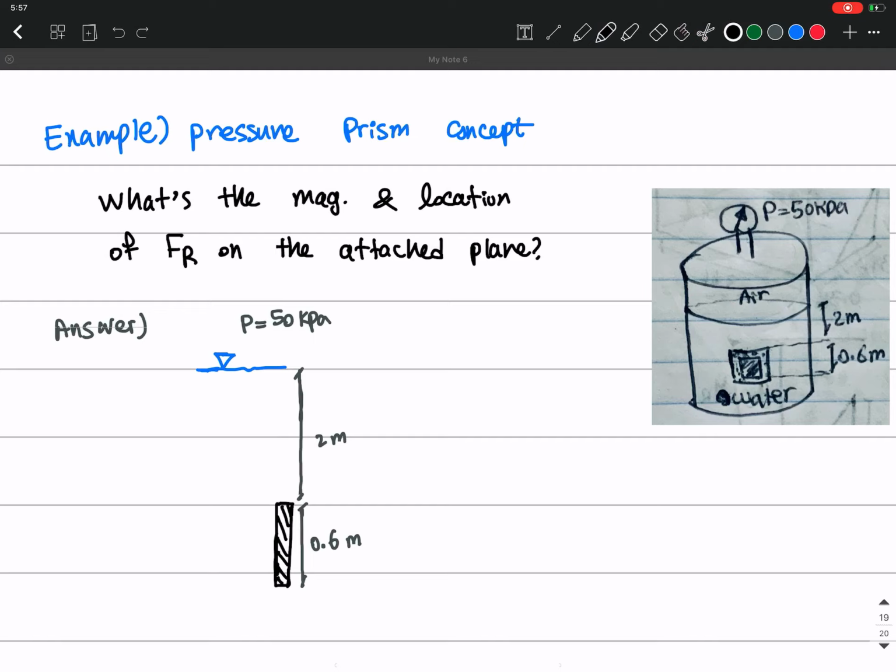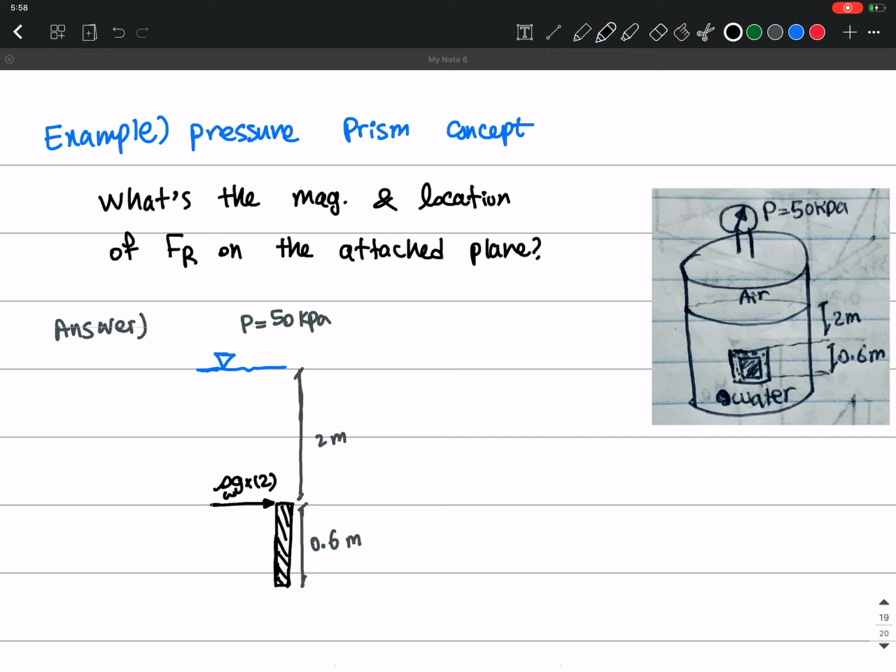So here, I'm gonna calculate this, but here you can see, because we are 2 meter below the free surface of the water, we have a force which is rho g h1, which is rho water g times 2, right?